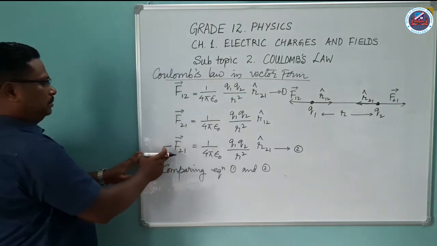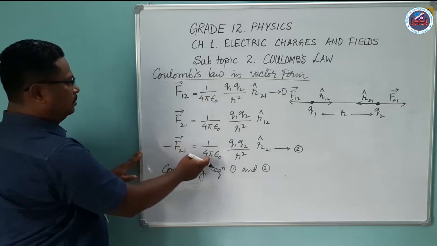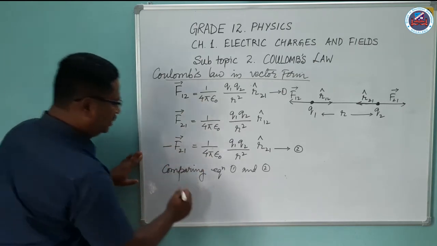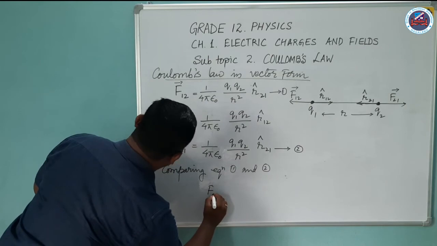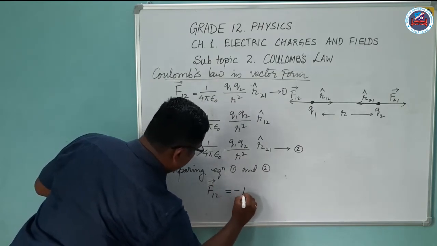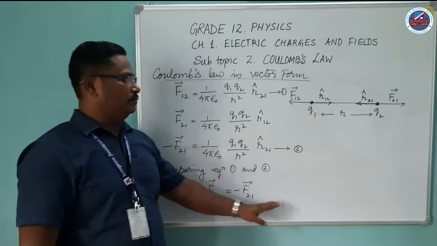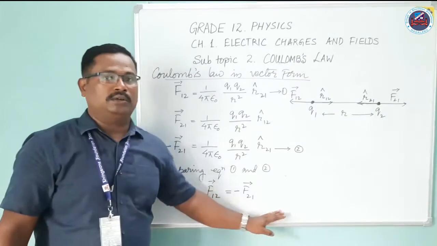If the right hand sides are equal, the left hand side must also be equal. F12 is thus equal to minus F21. So Coulomb's law in vector form follows Newton's third law of motion.